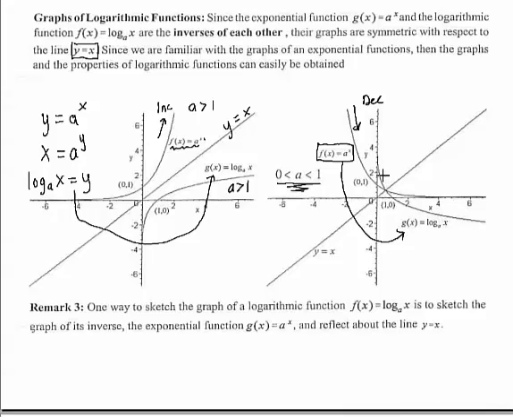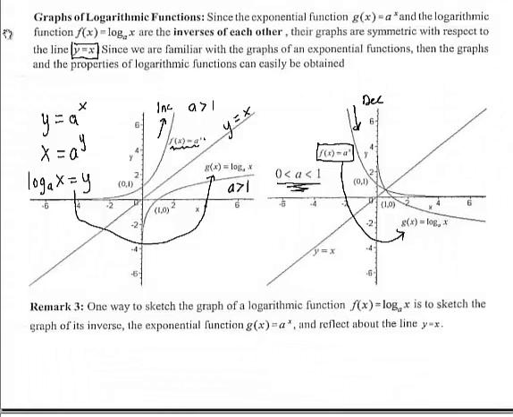And so you can see that these are mirror images of each other. So let me just pick a few points to refresh your memory as far as what happens with the coordinates.